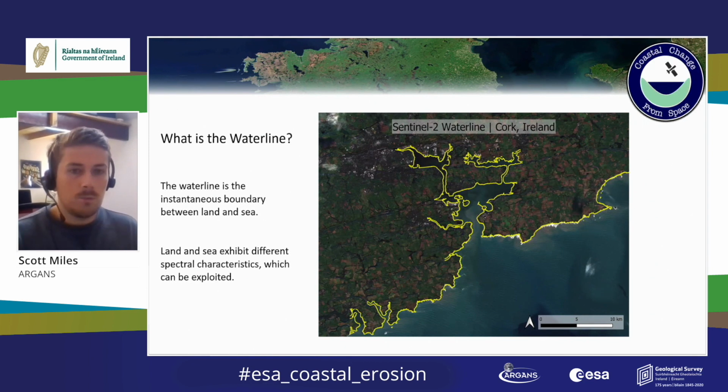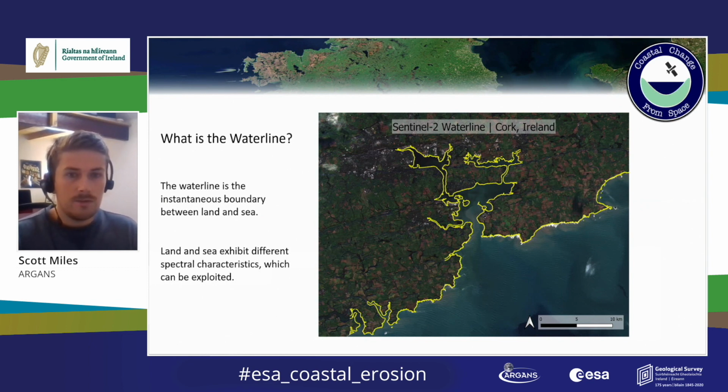Okay, so what is a waterline? The waterline is the instantaneous boundary between the land and the sea. To capture this boundary, we harness data captured from multispectral imagery. We know that different types of land cover and water give different information and signals, and we can use this to identify different areas within the image.